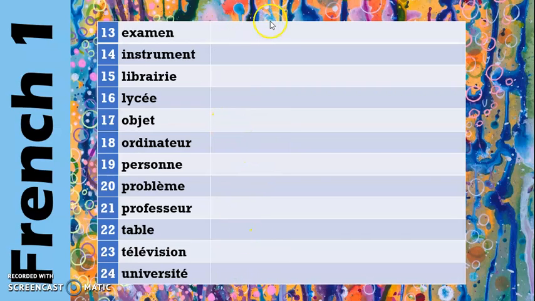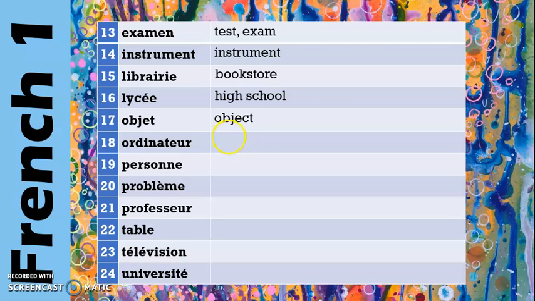Okay, we move on to words like examen, which is test or exam, masculine or feminine. Instrument, instrument, masculine or feminine. Librairie, be careful of this one because it means bookstore, not library. But again, masculine or feminine. And we can ask that same question for all of these. Lycée, high school. Objet, object. Ordinateur, computer. Personne, person.